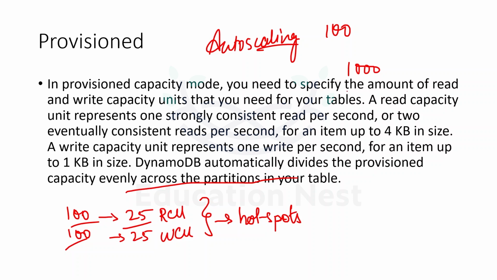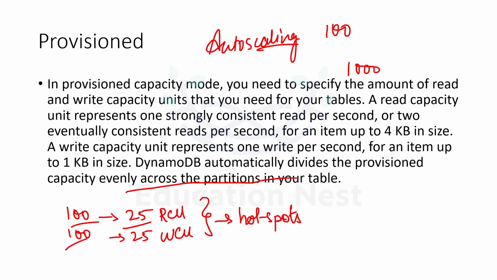So what are the key features of provisioned capacity mode? You have control over the amount of capacity you provision, allowing you to optimize the cost as well as performance. It is good for predictable workloads. It uses auto scaling to automatically adjust the capacity based on usage patterns.